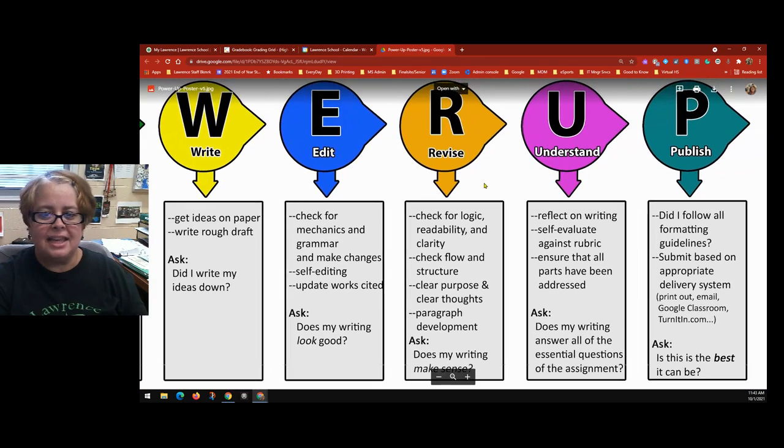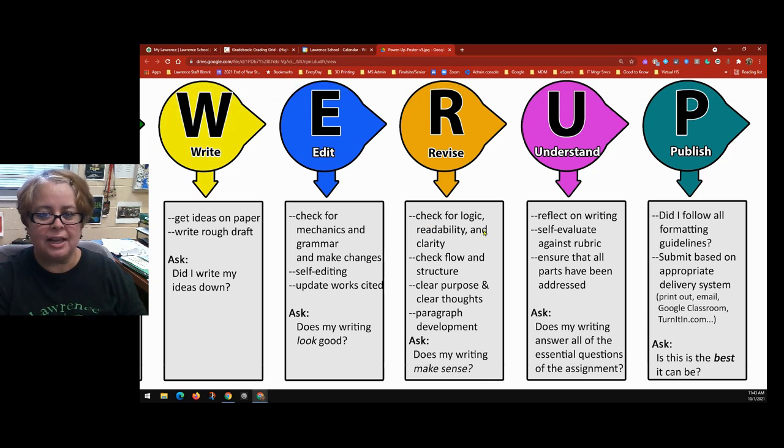The revise stage is slightly different. What you're doing at the revise stage is checking for logic, readability, and clarity. Clarity means, are you being clear? Is it easy to understand? You're going to check your flow and structure. Do you have enough paragraphs, or enough sentences in each paragraph? Is your topic sentence first in each paragraph? Do you have an intro and a conclusion?